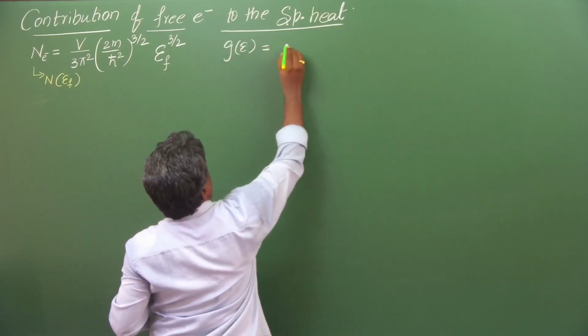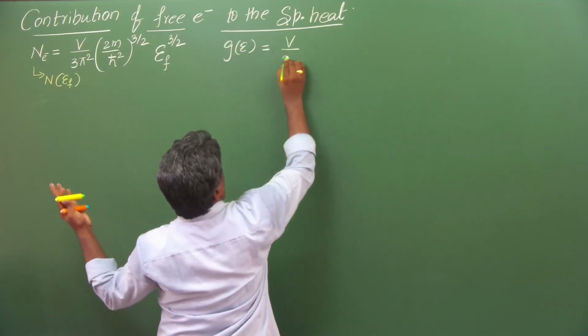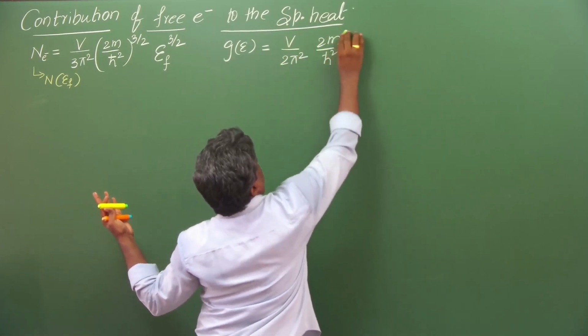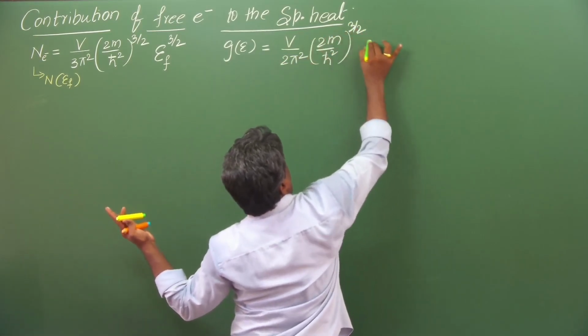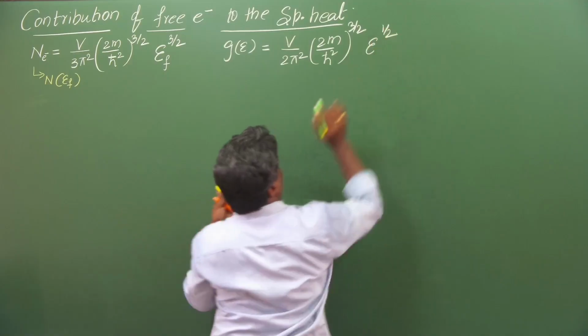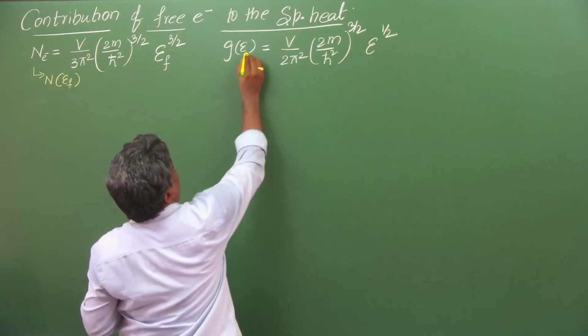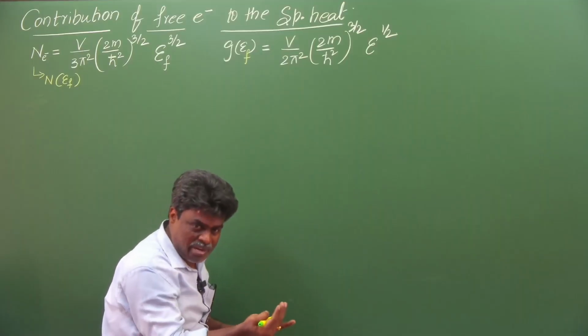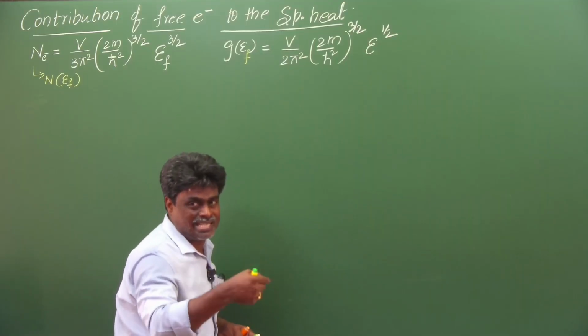Next, density of states. Density of states we already know: V by 2 pi square, 2m by h cross square, whole power 3 by 2, E power 1 by 2. I want to find the density of states available. Available means up to the Fermi level. It's strongly degenerate. Say yes or no?